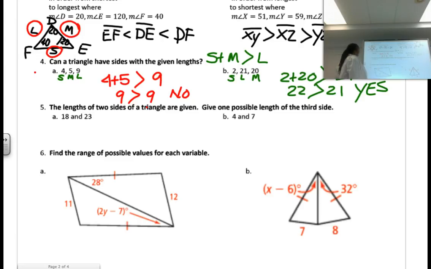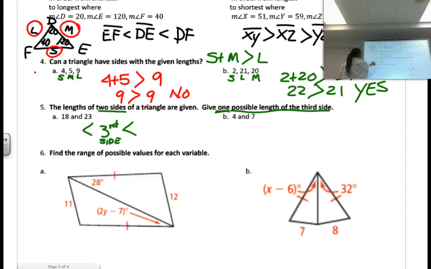Okay, the next reviewing topic that we're doing is if you're given 2 sides of a triangle, can you give us a possible length of the 3rd side? And on this one it says 1 possible length, but we still have to use the same strategy. That 3rd side has to be greater than a number and less than a number. And in this case, we're going to look at 18 and 23.